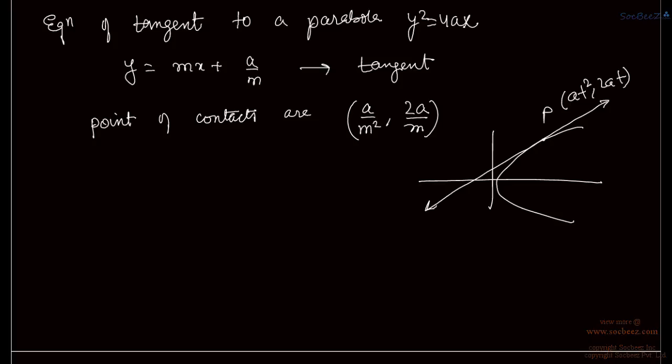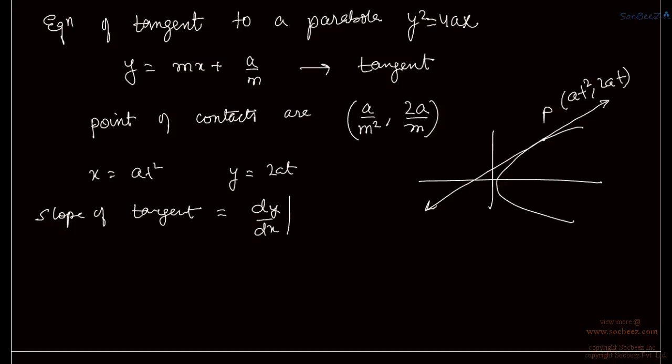Then in terms of parameter t, what is the equation of tangent? We want to write that. So here x is equal to at square and y is equal to 2at. So the slope of the tangent is dy upon dx at point (at square, 2at).